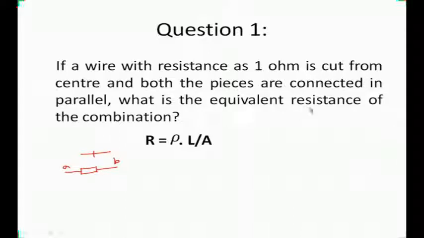So friends, this equivalent resistance is going to be equal to two resistances of value R by 2 connected in parallel. So from the previous equation, we have R by 2 in parallel to R by 2.